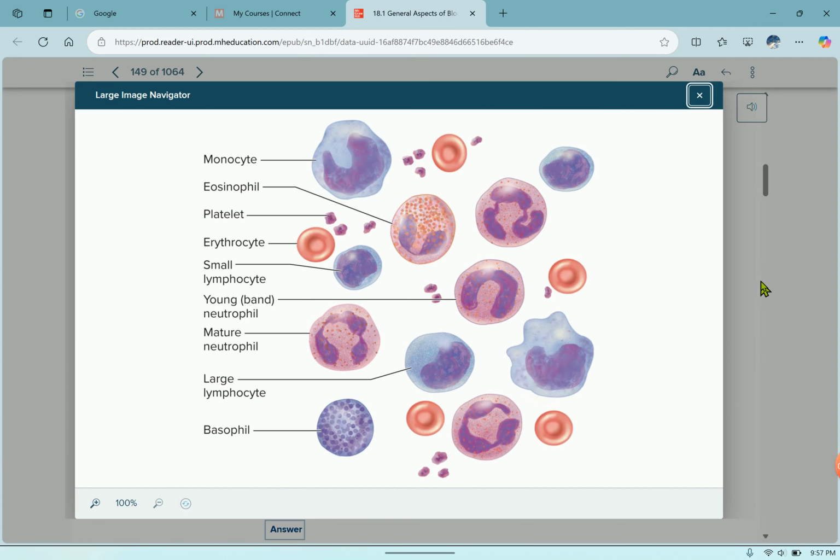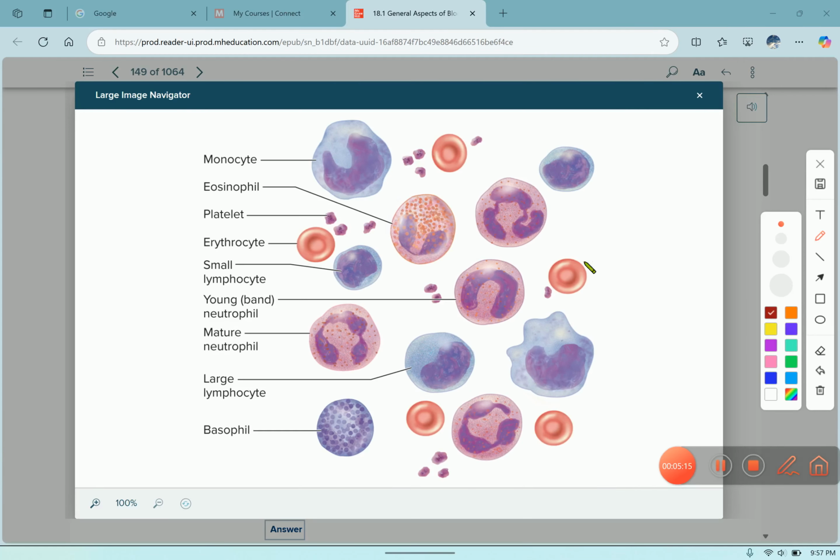Okay, the other cells that you see in here are going to be the red blood cells, also known as erythrocytes. Erythro means red, and cyte means cell.